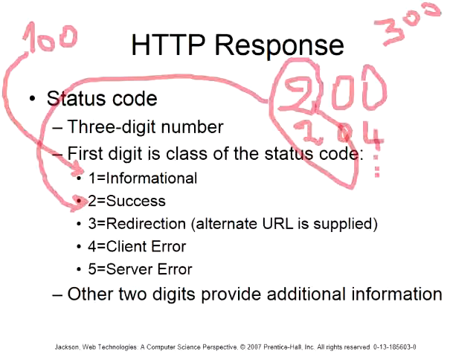And 500, like 505, is server error. The other two digits provide additional information. Is it clear? Any questions?